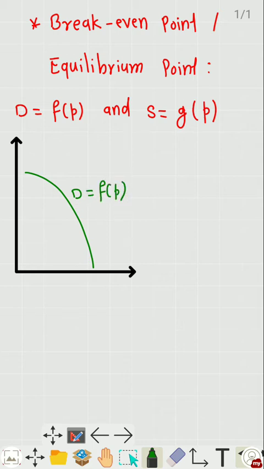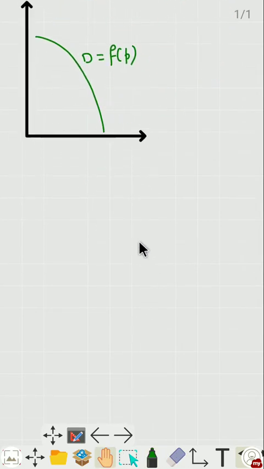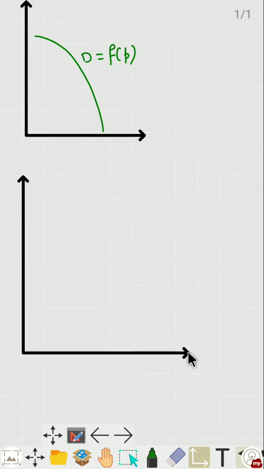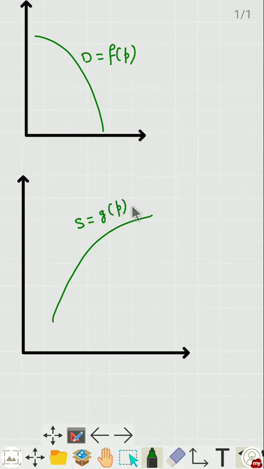And the graph of the supply function is also known to you. It is an increasing graph, and you may draw it like this. So this is the graph of S equal to g of p, the supply function.